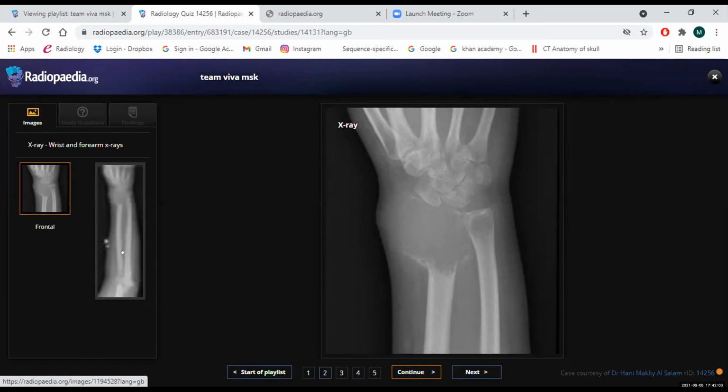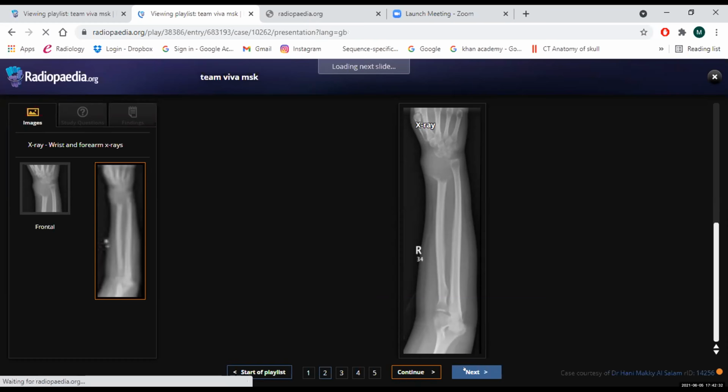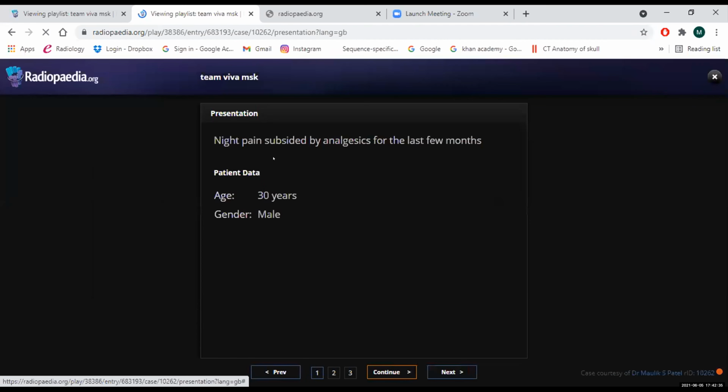So my differential diagnosis for this age would be first of all giant cell tumor. Then, since the lesion appears to be locally aggressive, I would consider other lesions like metastasis or myeloma, although at this age group that seems less likely. And I would want to take this further by doing an MRI to look for soft tissue involvement.